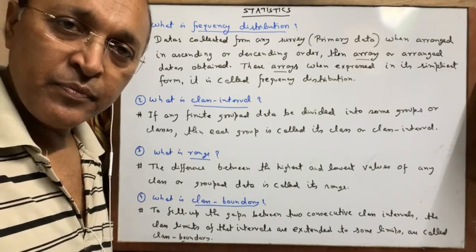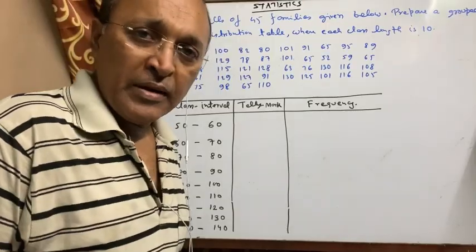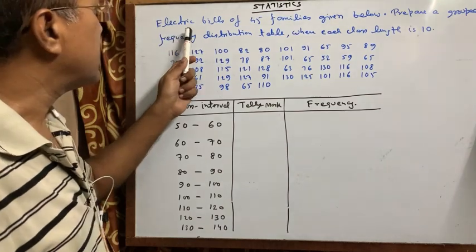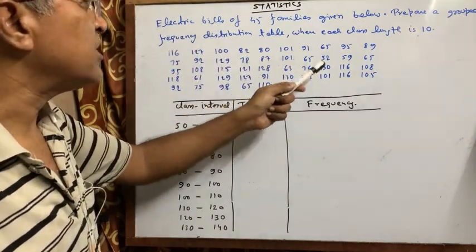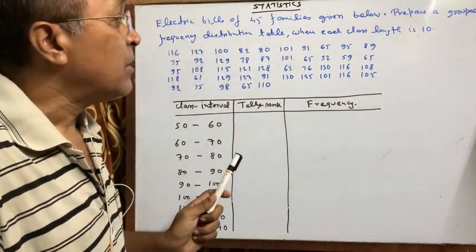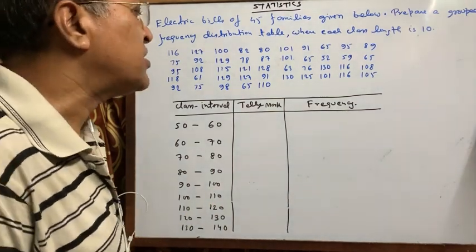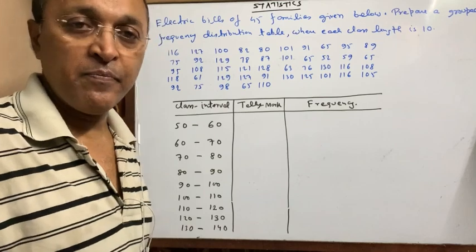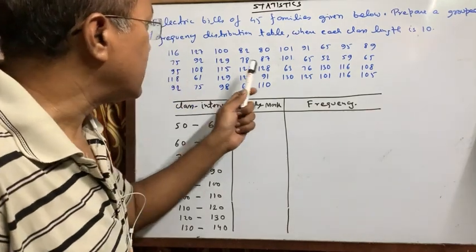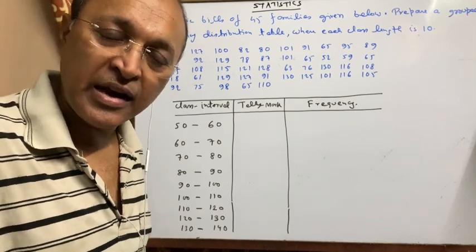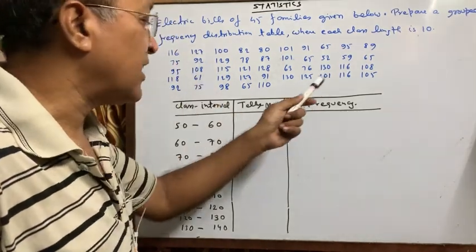Okay, I'll be back soon. My dear students, please go through this table. What is given? Electric bills of 45 families are given below. Prepare a group frequency distribution table where each class length is 10. The electric bills of 45 families have been collected and arranged like this.